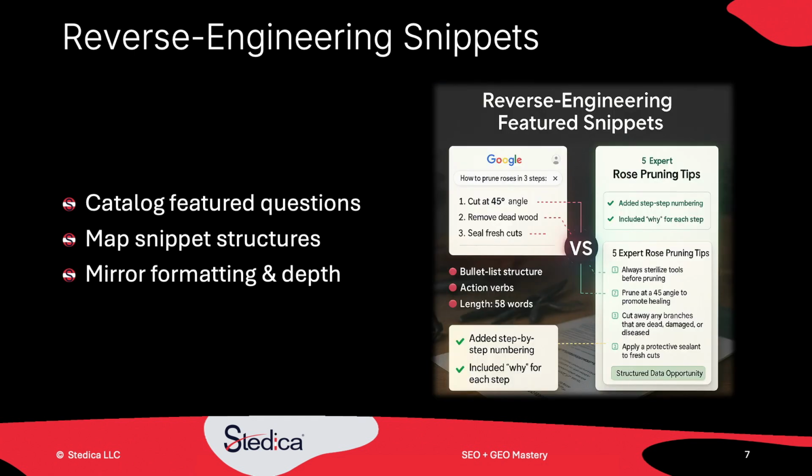To reverse engineer this, you need to study the snippets that appear for your target keywords. What questions are being answered? How is the content formatted? Which websites are being cited? Why? Is the answer being updated in real time? By understanding which content AI selects, you can optimize your own content to be more snippet-friendly.